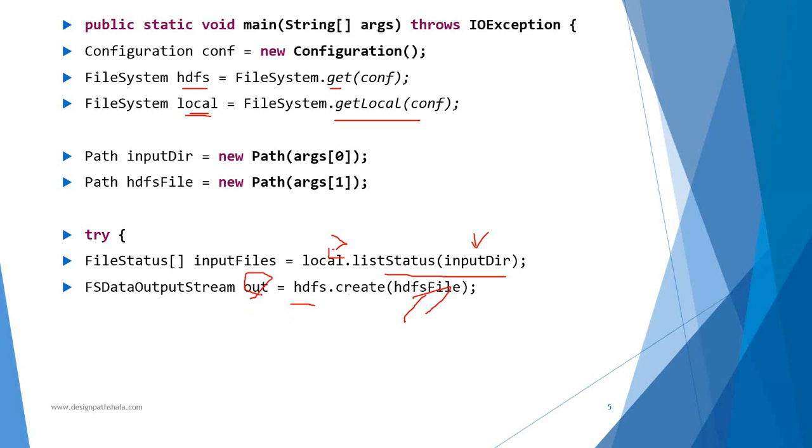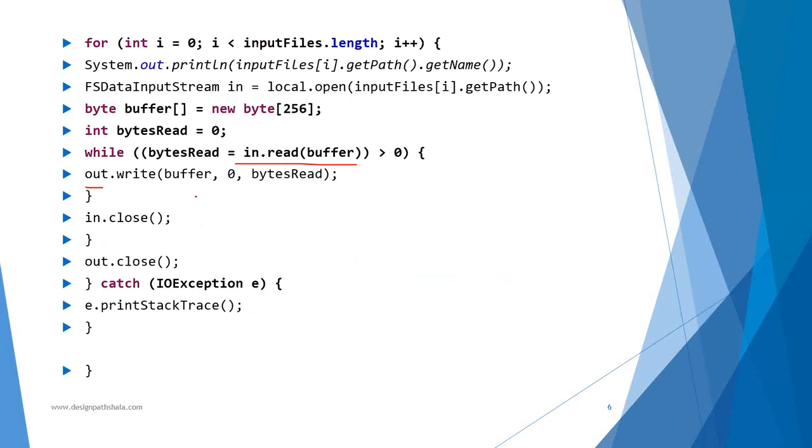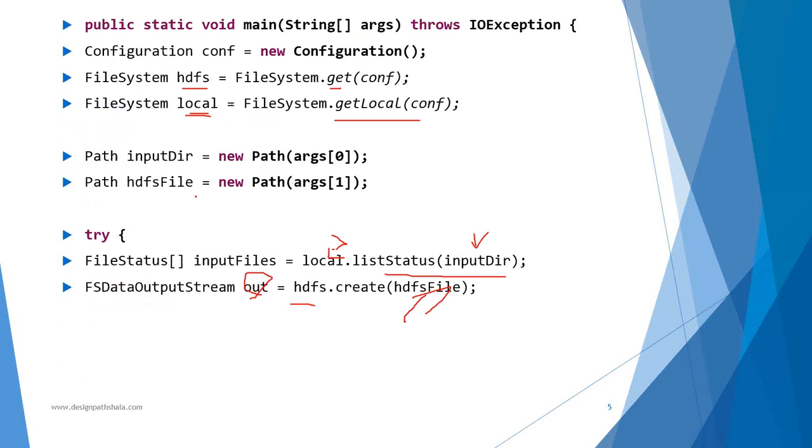The output stream is an HDFS output stream. I'm reading byte by byte from all the files lying in my local file system, combining them into a single file and dumping it to the HDFS file system. That's pretty simple Java code where I'm reading from local and writing to the HDFS file system. So this is how you can communicate with the HDFS file system from Java code.